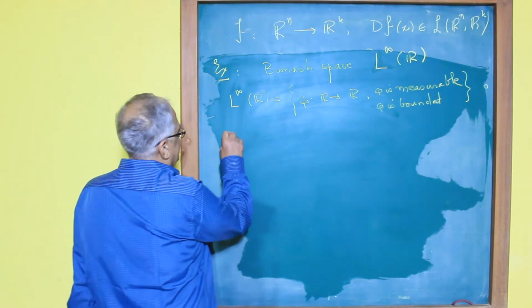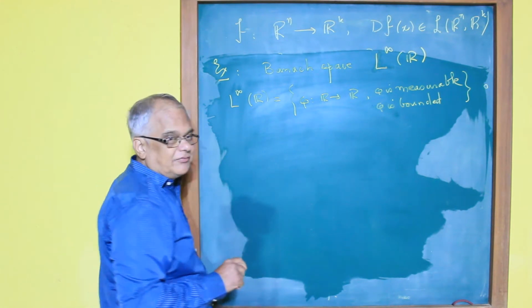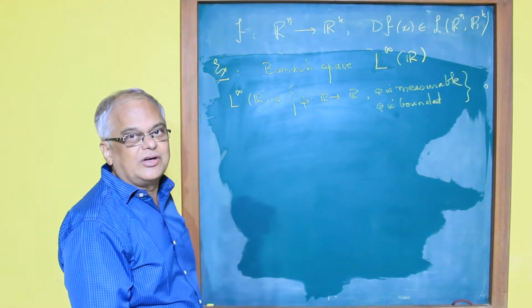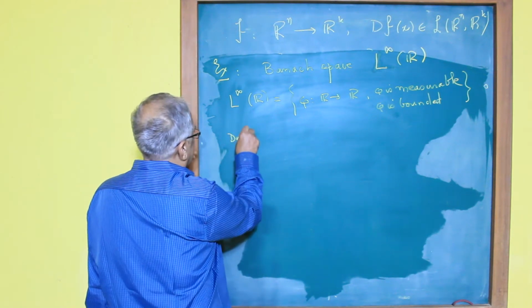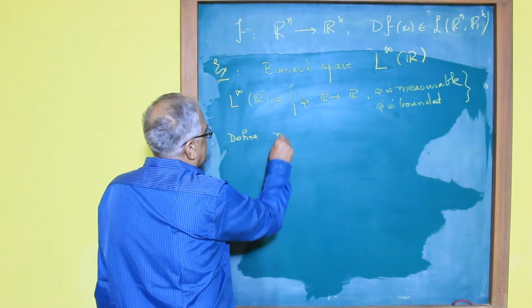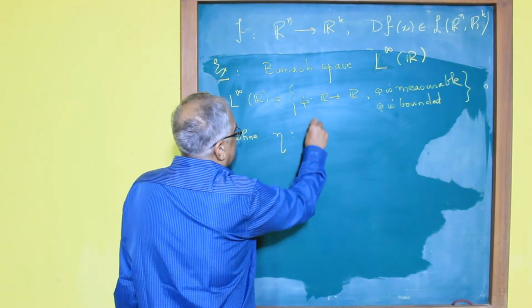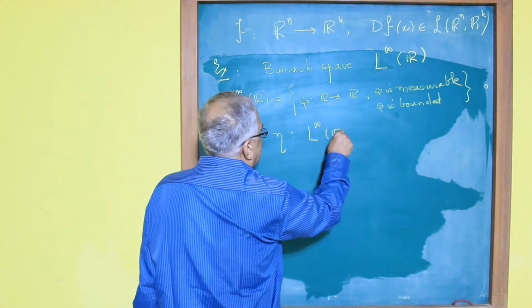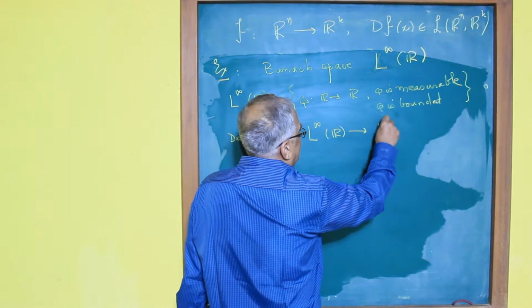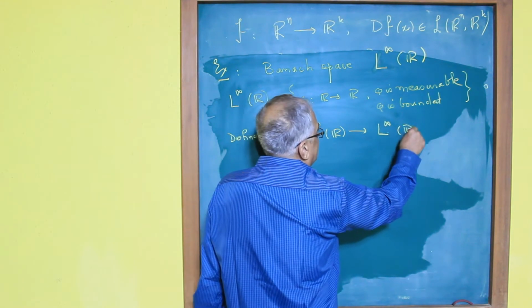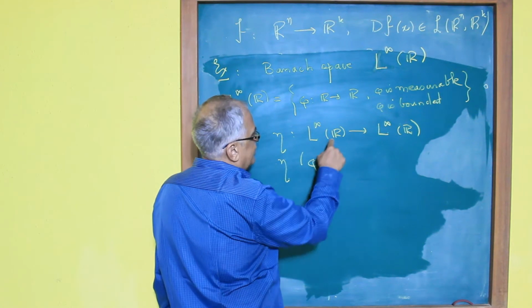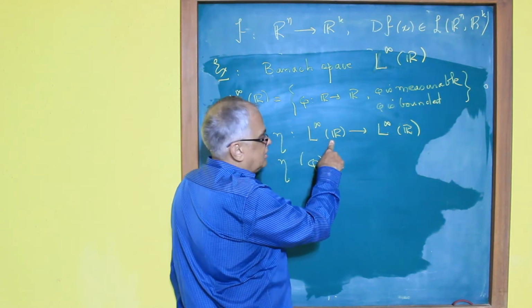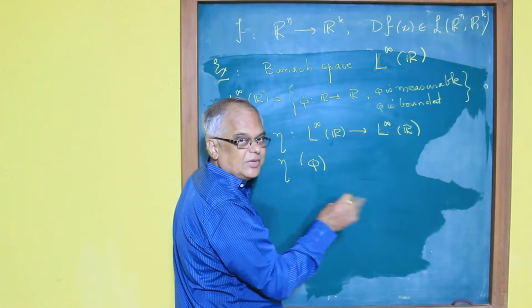So I'm going to define eta. It is clear that if a function is bounded, the square of the function is also bounded. So define eta from L infinity of R to L infinity of R by eta of phi, where phi is a bounded function on R which is measurable.